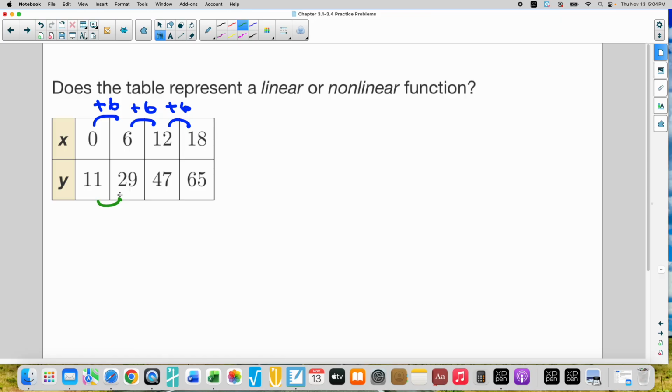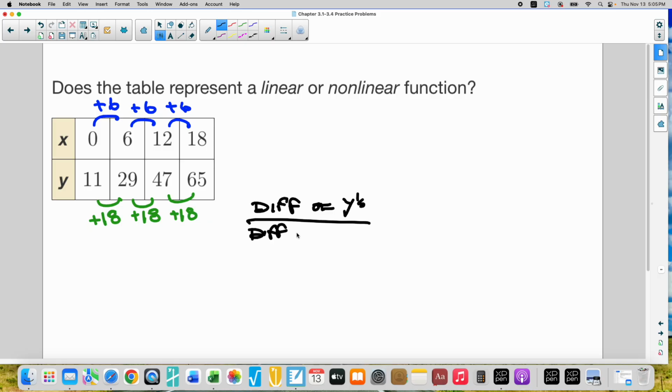This is plus 18, plus 18, plus 18. And now we take the difference of y's over the difference of x's.